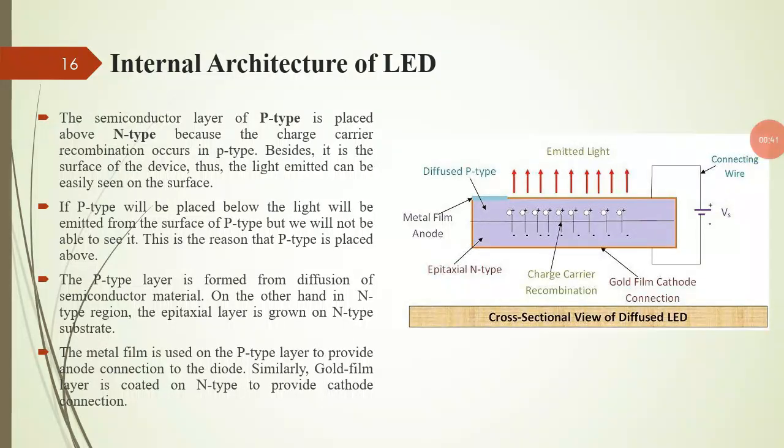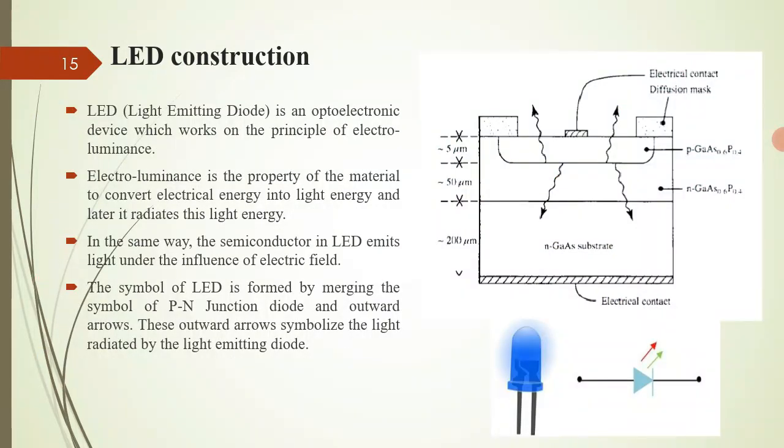A well-known common display device is the LED. LED is a light-emitting diode. We have seen this LED in many places, like for displaying content. Here the LED is an optoelectronic device which works on the principle of electroluminance.